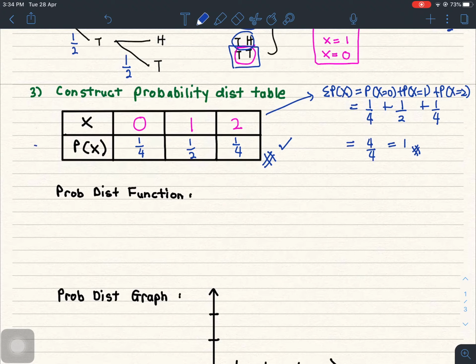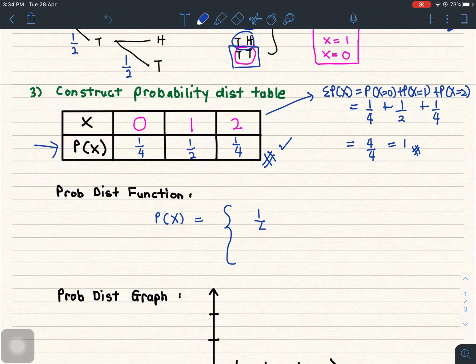Okay. Now, the probability distribution function. Your function over here is P(X). Now, this is like a piecewise defined function. So, what you write is that your function P(X) is equivalent to, a piecewise defined function will give you a big curly bracket. Now, what is the smaller value between the probabilities? So you have 1/4 and 1/2. The smaller one will be 1/4.